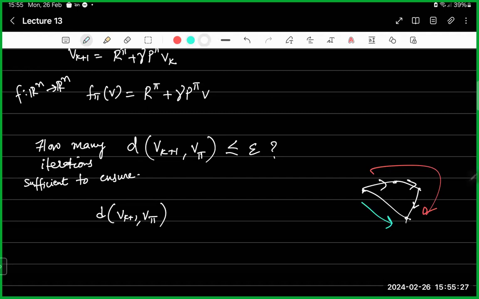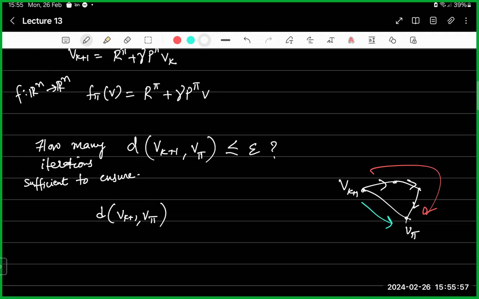So similarly, we'll think of this as v k plus 1, let's say. This is some point, and we are trying to understand how far it is from another point, v pi. Now, what I'm going to do is bound this distance using some other distances.